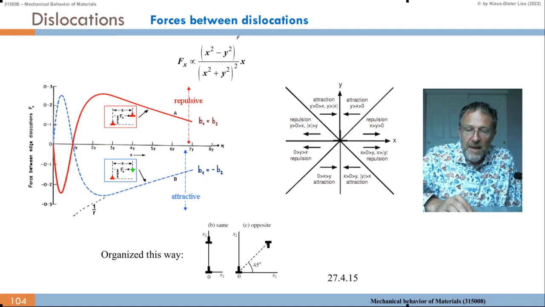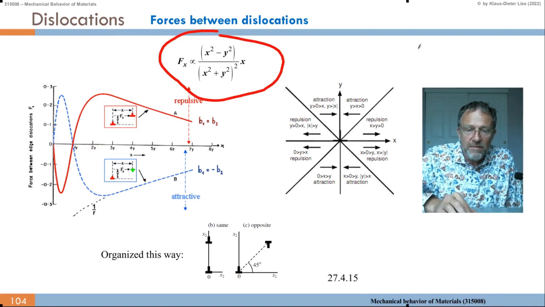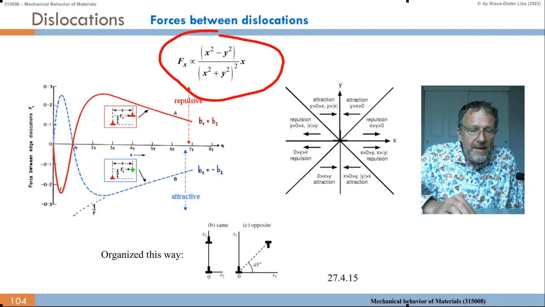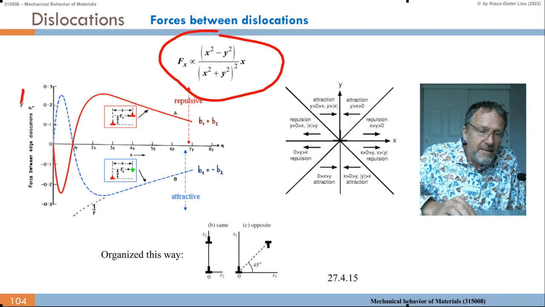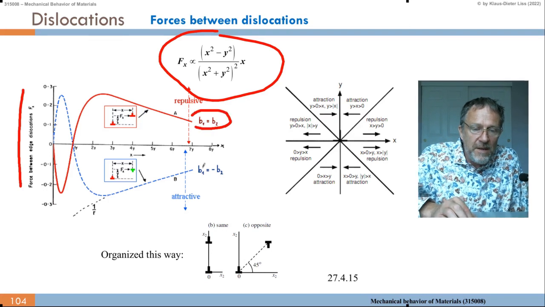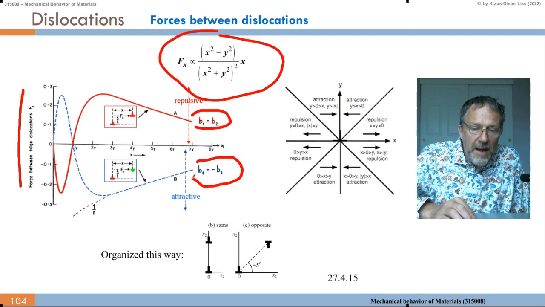Yeah, this is the formula, and here we can work it out. The force between the edge dislocations. This is when B1 equals B2, and this is when B1 equals minus B2.